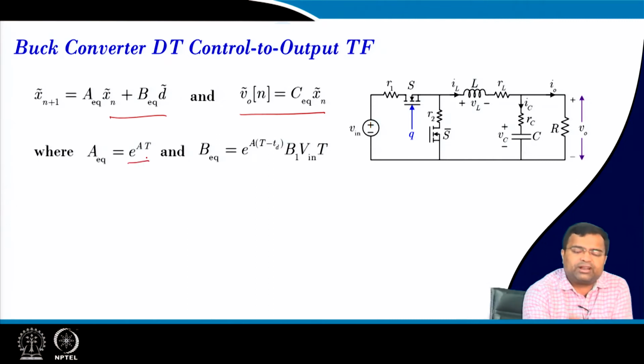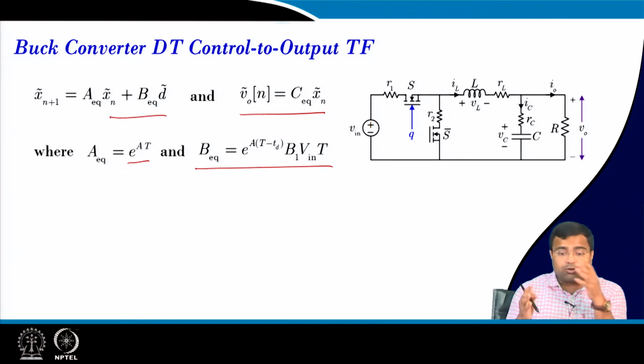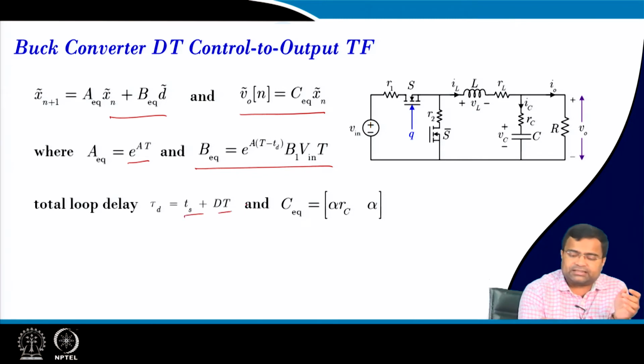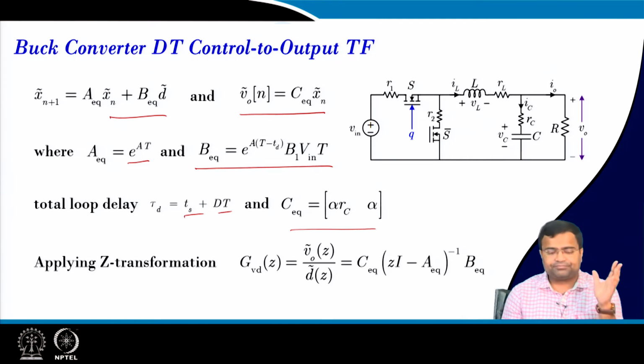So, you will get A equivalent equal to e to the power AT. Then B equivalent we also know as e to the power A into (T minus tau d), that is the total delay, times B into T. So, the total loop delay we have discussed is Ts plus dt, and this is the output matrix.